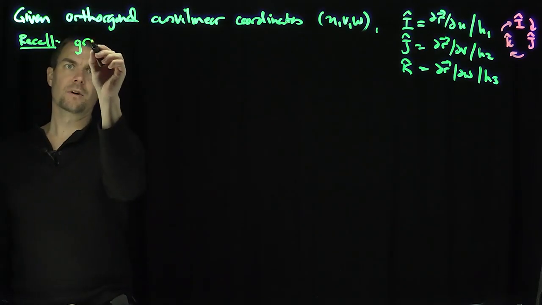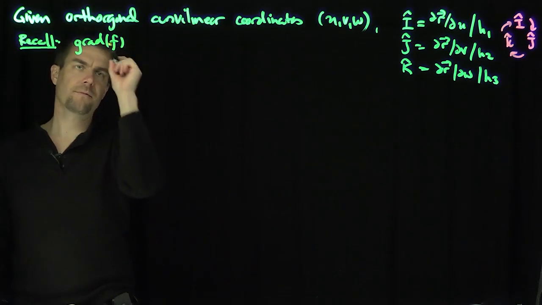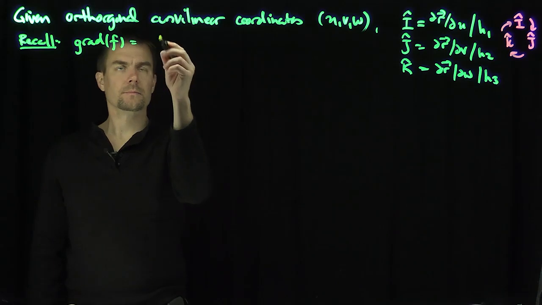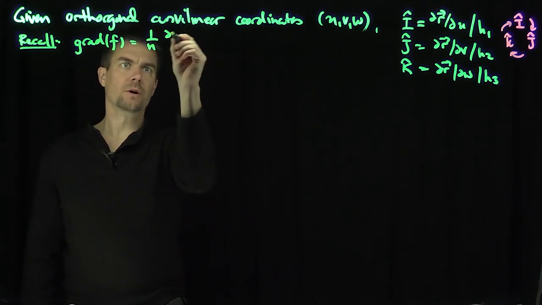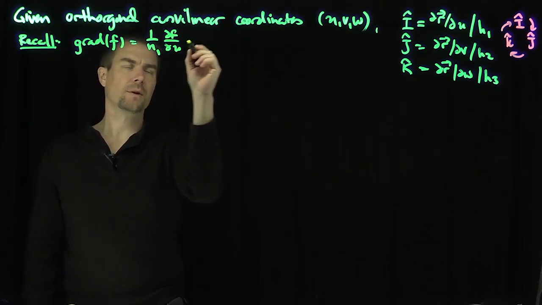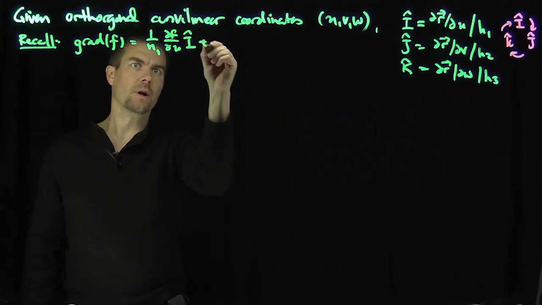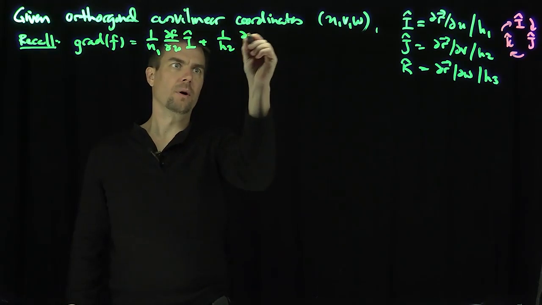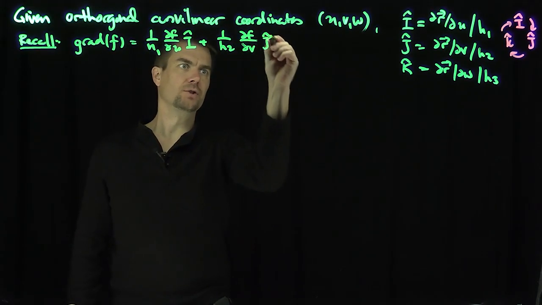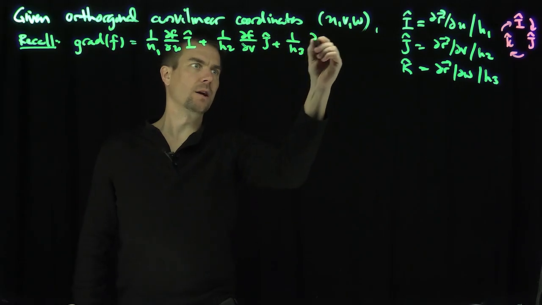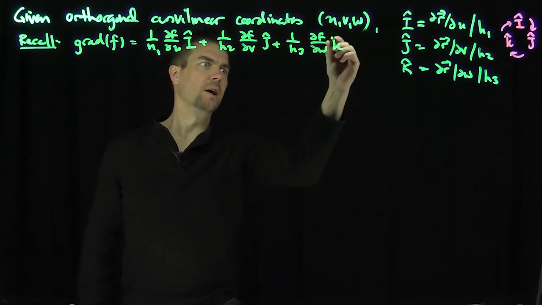that the gradient of a function f, grad f, is equal to 1 over h1 partial f partial u i hat plus 1 over h2 partial f partial v j hat plus 1 over h3 partial f partial w k hat.